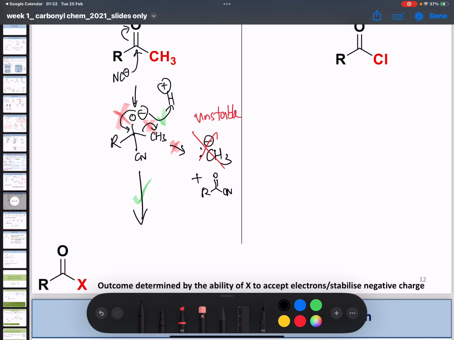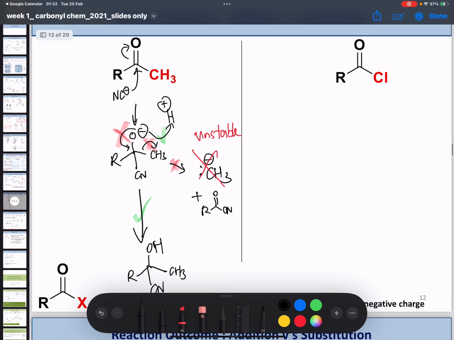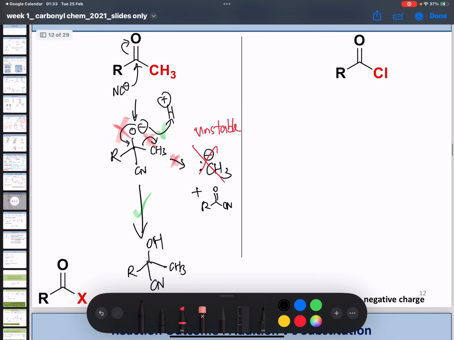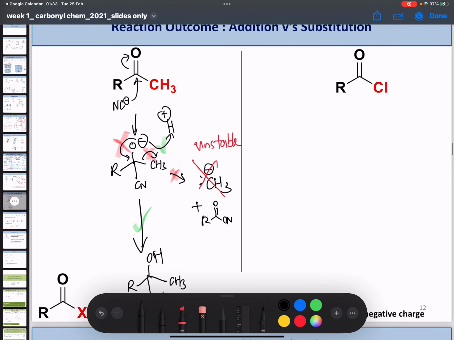You're going to have R, OH, CN, and CH3. To be honest, if you're conducting it in the right solvent, I guess the sodium could be a counter ion, but never mind. It's okay.